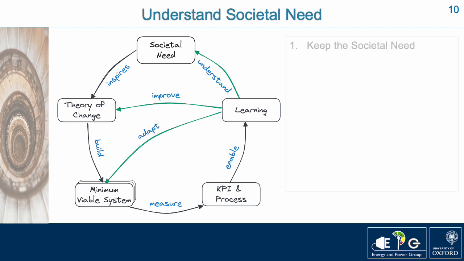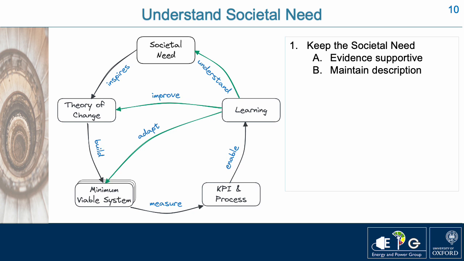Outcome 1. Keep the societal need as is. A. Rationale. The evidence affirms that the articulated societal need accurately reflects the insights gained from the lean systems approach. B. Action. Maintain the existing description of the societal need, affirming its alignment with the system's objectives. Outcome 2.